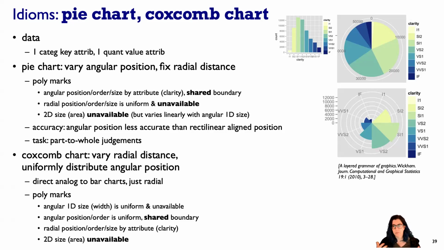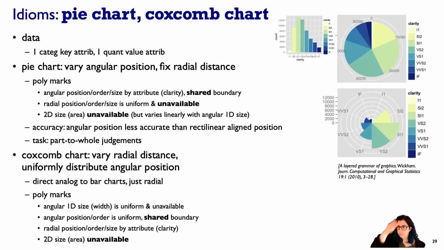Again, we have a complex mark, so we're going to call it a polygon because its exact shape actually matters. And so there are uniform widths, right? Each of these wedges is the same angular width, and that is why it is unavailable. They have shared boundaries, so that part is just like the pie chart in that the boundary is shared from an angular position point of view.